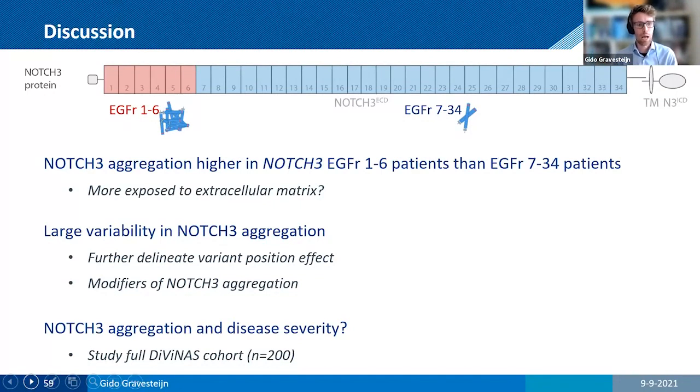But still, we see a large variability within the groups. It might be that we need to further delineate the effect of the variant position, but it might also be that more modifiers are present for NOTCH3 aggregation that we currently don't know.